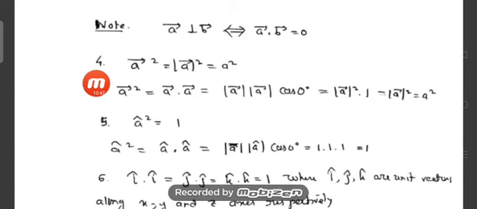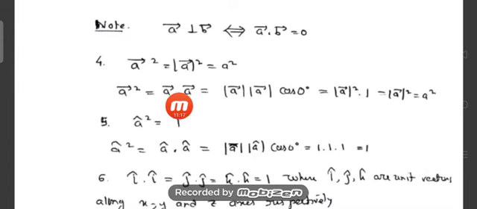After this, one more important property, that is what? A bar square is equal to mod A bar square is equal to A square. The magnitude or square hoye gole ami eta scalar quantity pai jao. So A bar square can be written as A bar dot A bar, and by definition of dot product it can be written as modulus A bar, modulus A bar and cos of the angle between them. And what is the angle between two same vectors? Duita vector jodi eke hoy angle ki hobo? That is 0 degree.